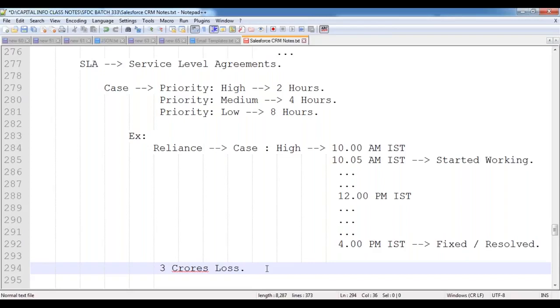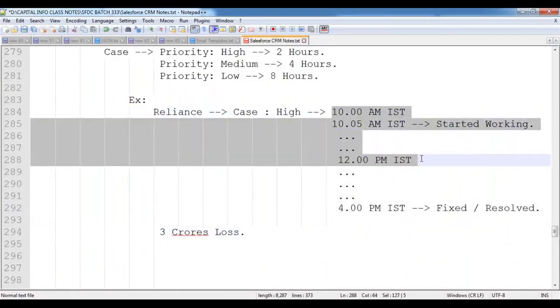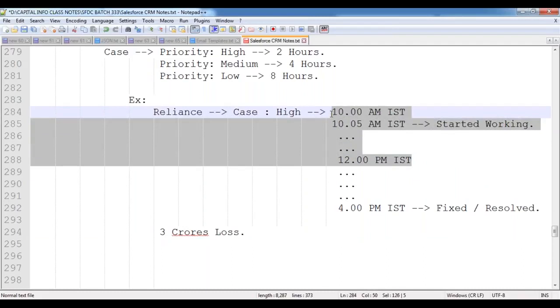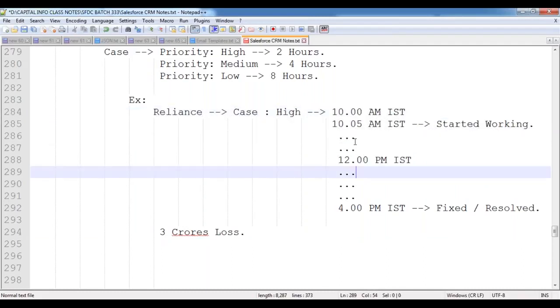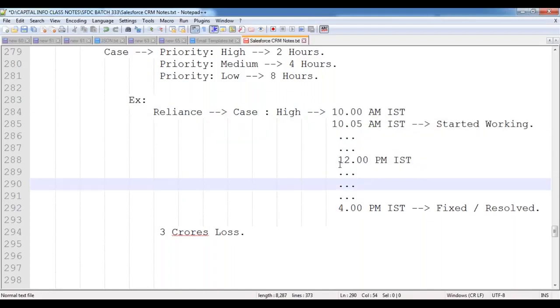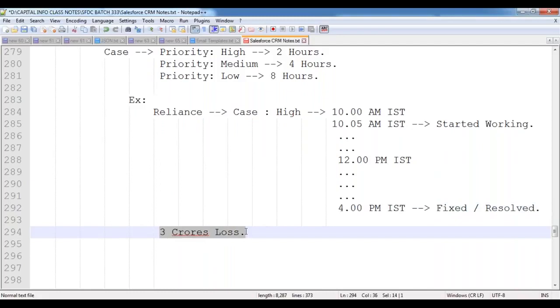If the GE people were able to resolve the problem within 2 hours, then there is no loss. We gave sufficient time to the GE people to resolve the problem. But they were unable to resolve it within the specified SLA. They took 4 more hours additionally. Because of these 4 hours, I got 3 crores of loss. Then who will pay this amount?